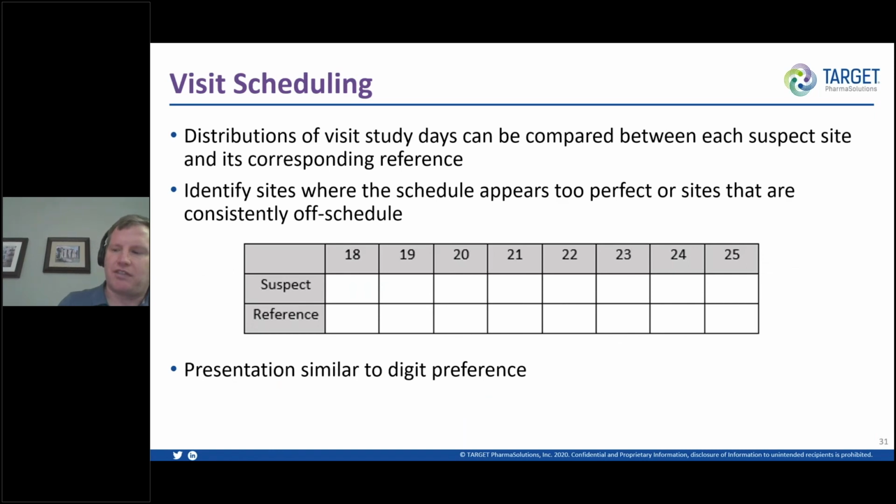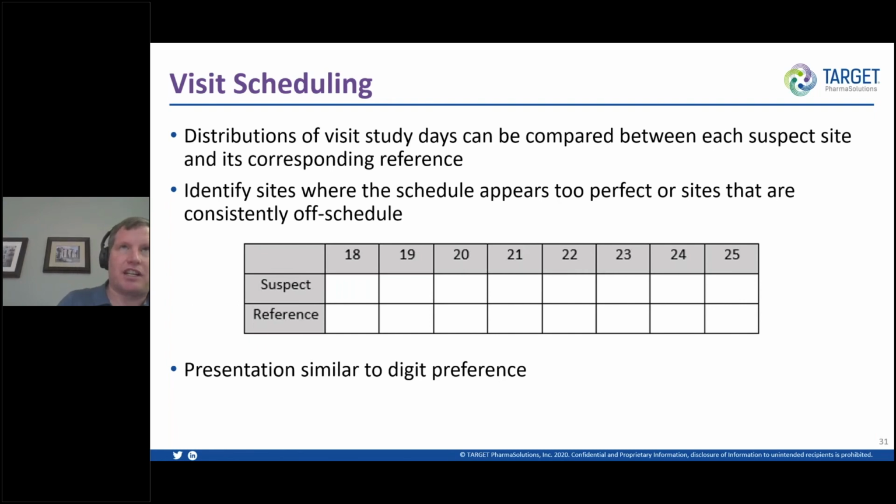We can also compare visit schedules in a similar way. Keeping patients on track and making sure that they attend their visits on time is certainly important. And we can do this in a way that's certainly similar to our computations of digit preference to see if the patients are basically staying on track at one site relative to the other sites in performing the analysis.